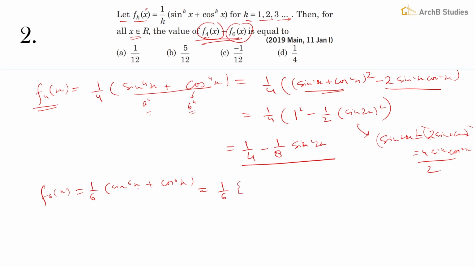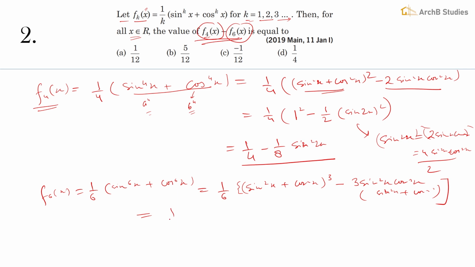Now applying the formula of a cube plus b cube. Here we can consider a as sin square and b as cos square. So (sin square x plus cos square x) whole cube minus 3ab into (a plus b). So 3 times sin square x cos square x into (sin square x plus cos square x).